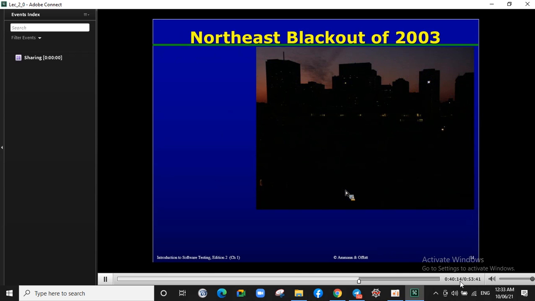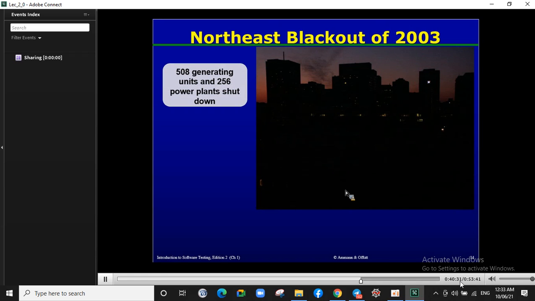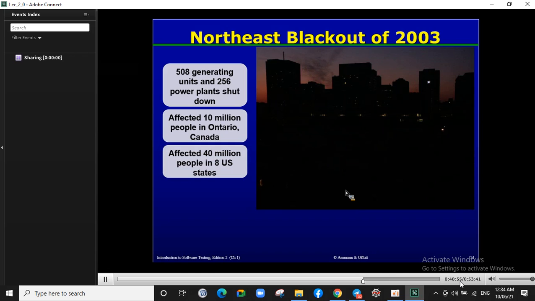As another example of a catastrophe caused by software failure, the Northeast blackout in 2003 in America and Canada caused 508 generating units and 256 power plants to shut down, and this affected the life of 10 million people in Ontario and 20 million people in 8 US states.